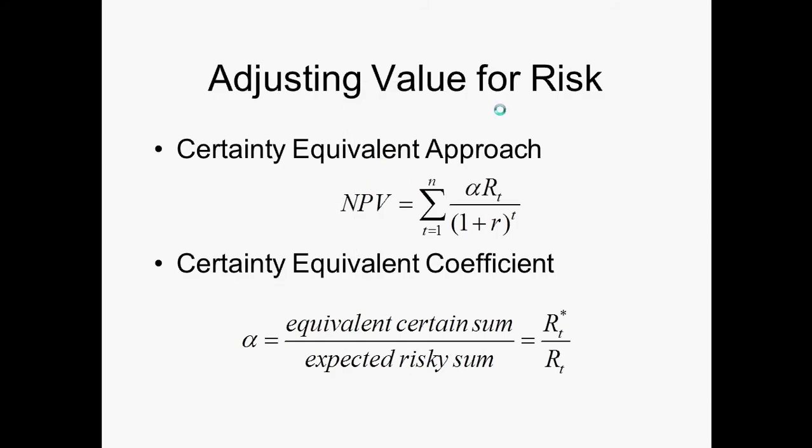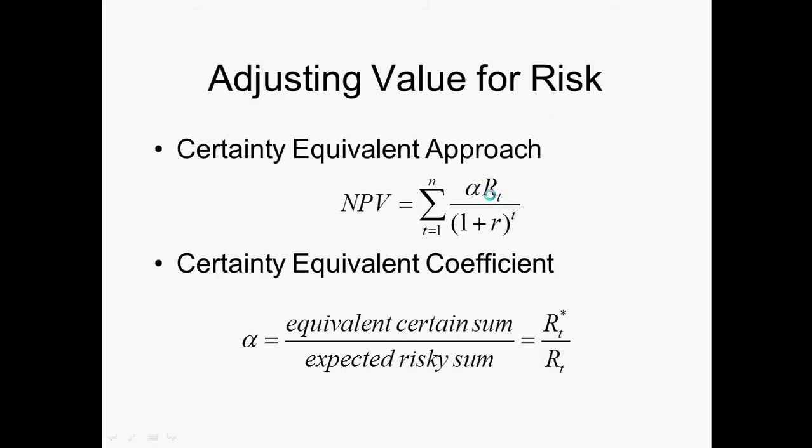Okay, so here's another approach. In this case, we've got some kind of expected return in the future, we call it R_t, but it's risky. So we have another way of compensating for that. It's worth less because it's risky than it would be if it were certain.